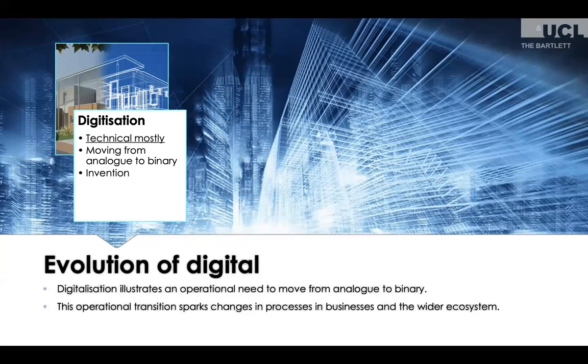So we know that digitization is a concept which is more technical, more operational, and it relates to how we are moving from analog information to binary. For example, think about a scanner that scans information in a physical artifact into a digital form.